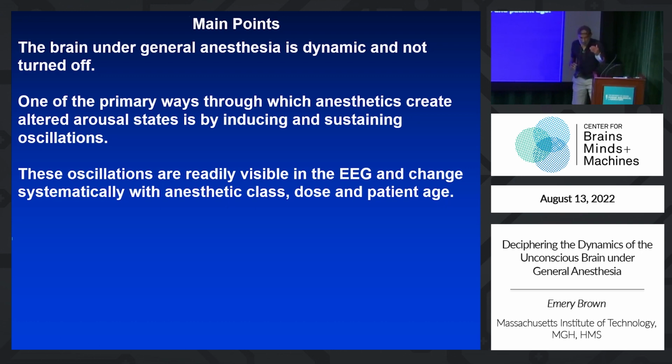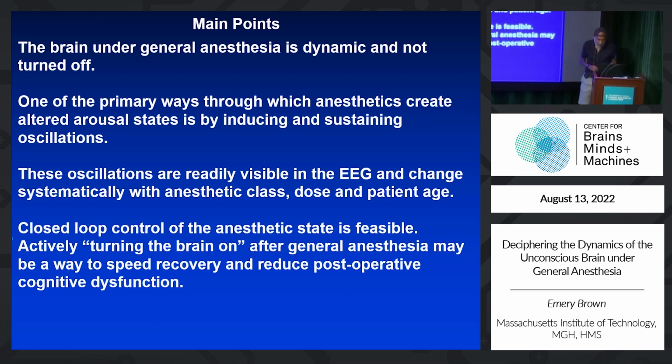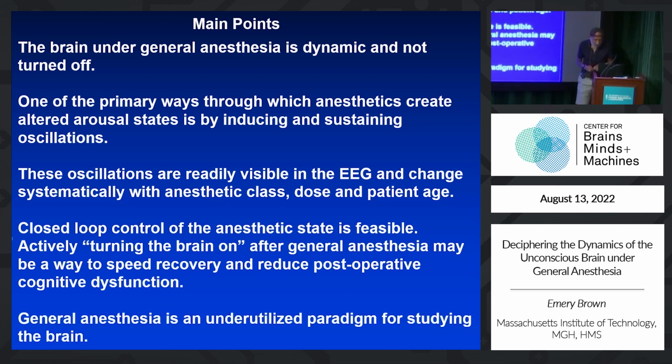When they get better, you'll see their alpha oscillations basically come back. So the oscillations are affected by a number of things. And I'll show you, as I said, that closed loop control is very, very feasible. And then I want to give you this sense that this is not only a way to develop procedures so that people can have surgery, but it's also a way of studying the brain.